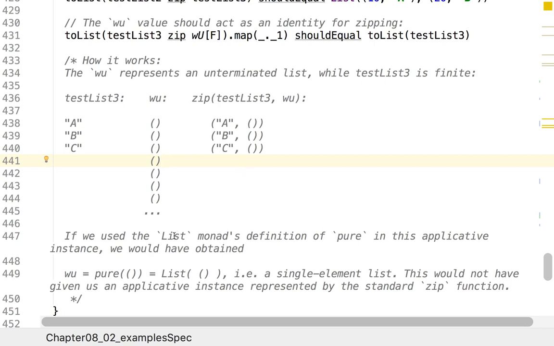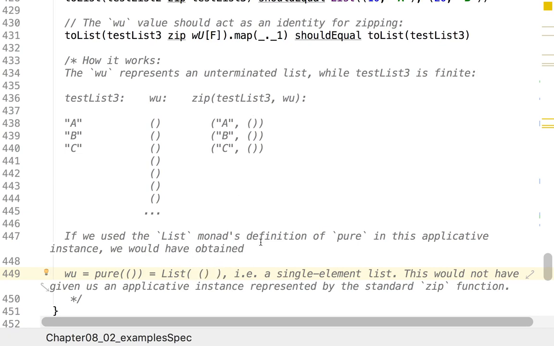However, if you use the list monad, the definition of pure is not the same. It is not an infinite sequence. It is a sequence of length 1. So the pure would be just this. It would be a one-element list. And the standard zip function, zipping with this, would certainly not do what you want. It would cut at length 1.